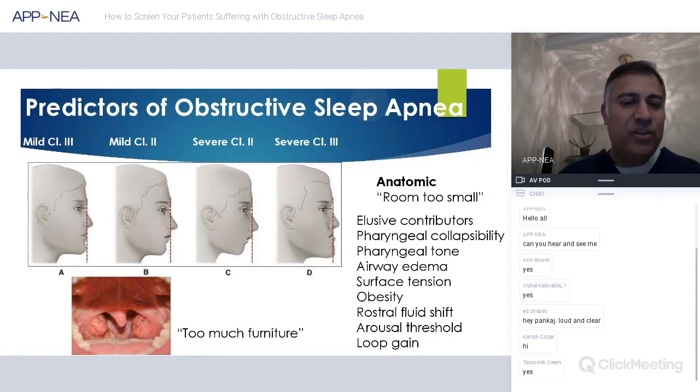Or if the room is small but you have normal sized furniture, again, navigating that room becomes hard, doesn't it? So if you've got a retruded mandible, as in a skeletal class 2, then all of a sudden the positioning of the tongue is also further back. Now compound that with enlarged tonsils or an edematous, elongated uvula, and all of a sudden that area becomes even more compromised.